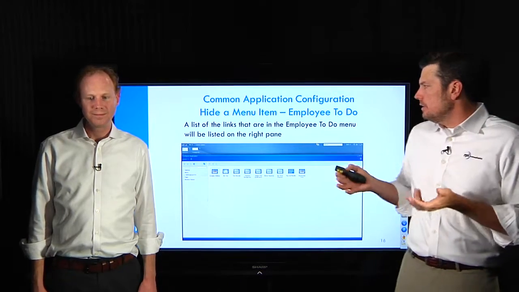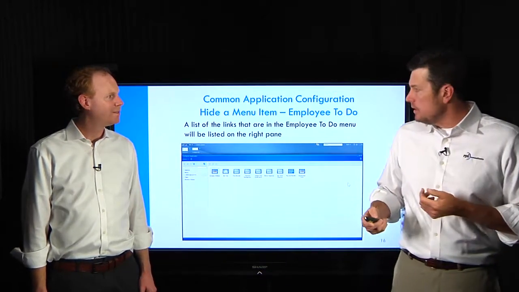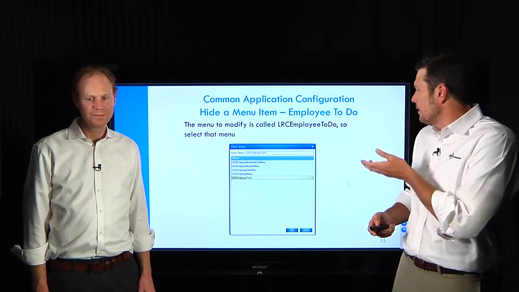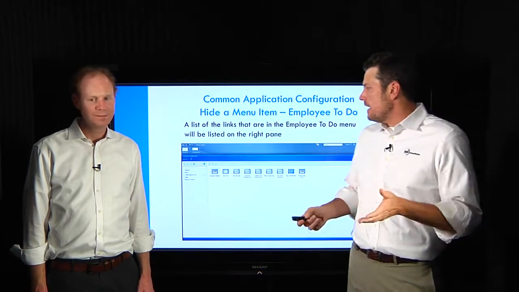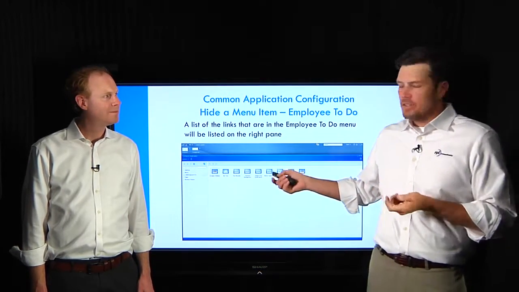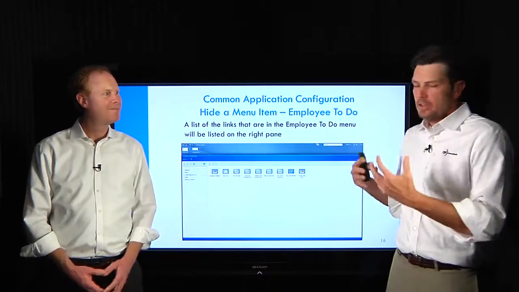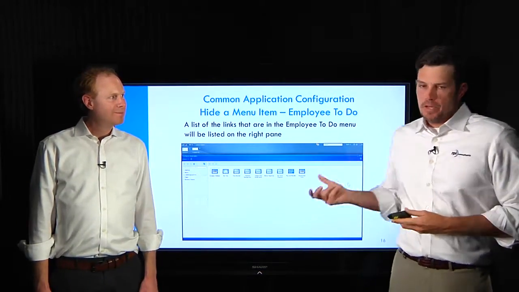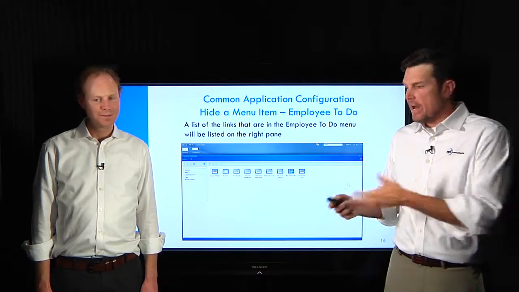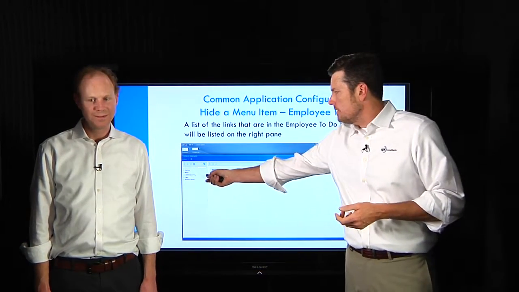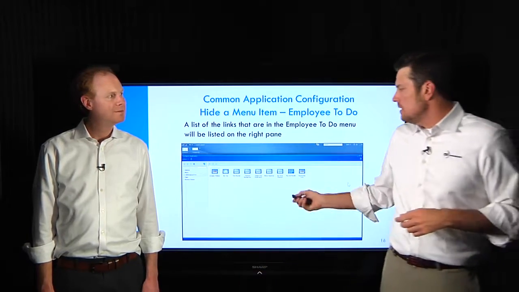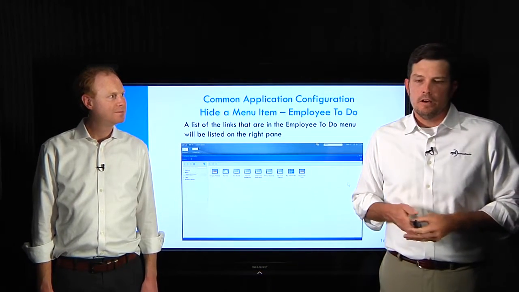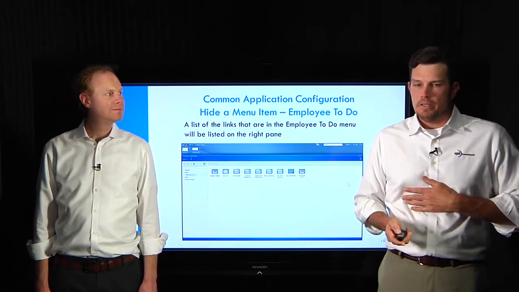The weird thing about this is we're going to select that menu, and then we're going to add a configuration. It's kind of weird because the way the Configuration Console works is you're actually adding configurations to the base LPL code. So when we add that form, it's going to pop up under menus, and then it's going to show all the menu items that we can change.